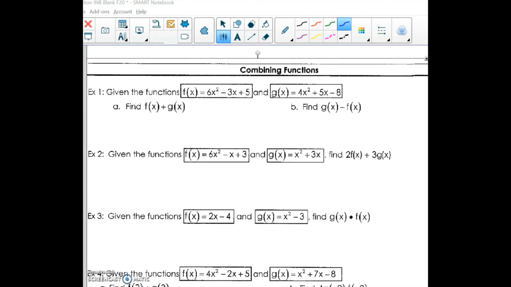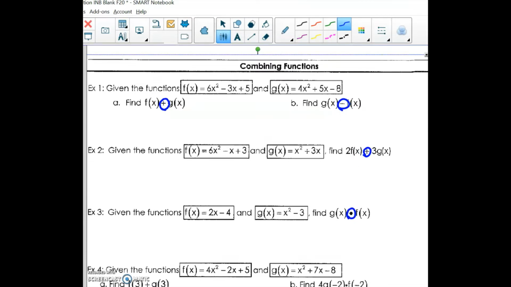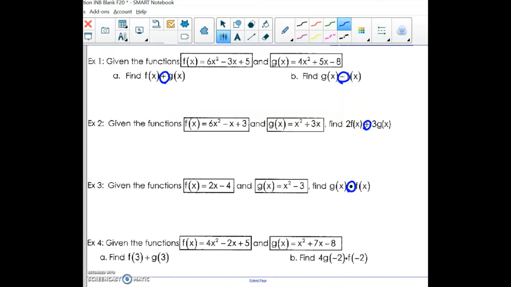Next is going to be combining functions. Now this is going to be a lot like what we've already done with polynomial functions. So in this section, we will basically be adding, subtracting, here's a little bit more adding, some multiplying, and then evaluating with a number.